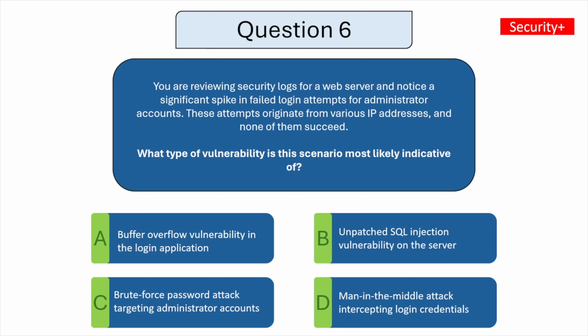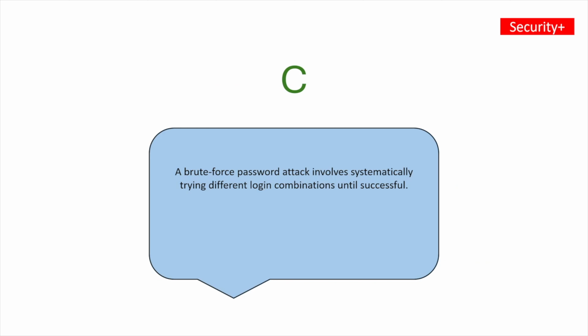Yeah, a large spike in failed login attempts, especially where none of them are succeeding, suggests a brute force type attack. So I'm going with C for this one. A brute force password attack involves systematically trying different login combinations until successful.